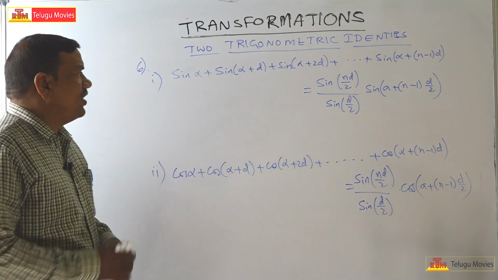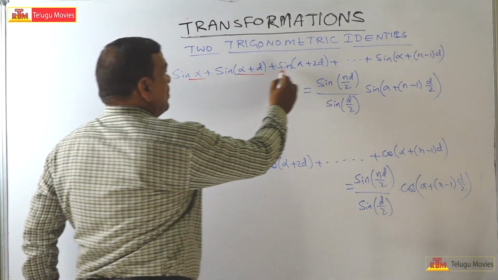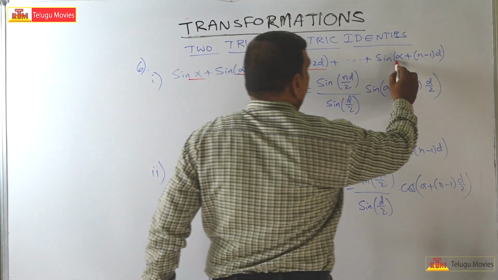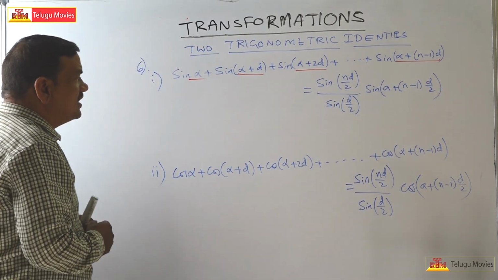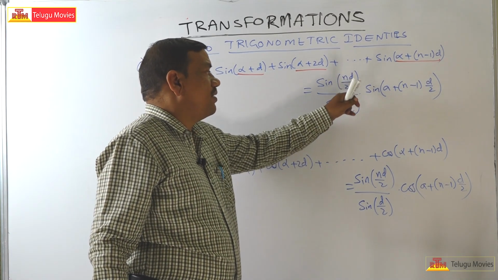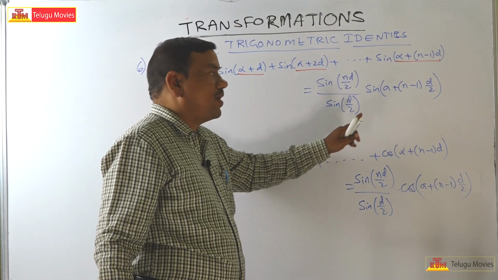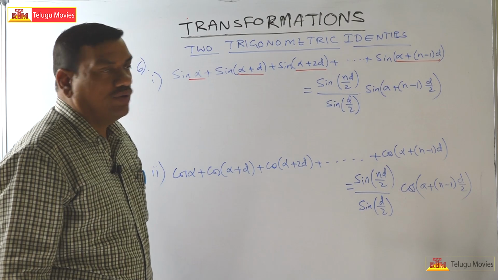If you observe here, these are in arithmetic progression, alpha, alpha plus d, up to alpha plus n minus 1 into d. This is one of the results.